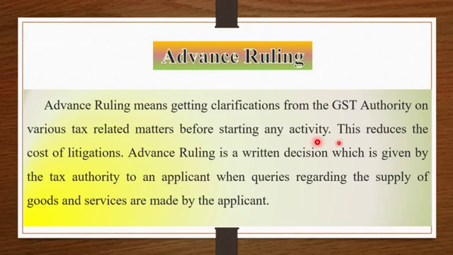This reduces the cost of litigations. Advance ruling is a written decision which is given by the tax authority to an applicant when queries regarding the supply of goods and services are made by the applicant.